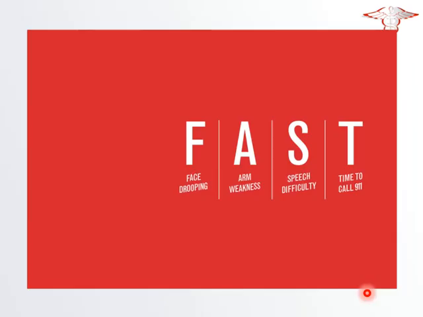FAST is the approach that is used in stroke patients. And how do you recognize that an individual is having a stroke? There is face drooping, arm weakness, or speech difficulty. Either you see an individual whose one side of the face is drooping, or you see an individual who is complaining that one side of the arm is showing weakness.